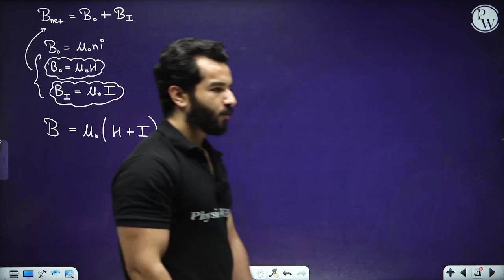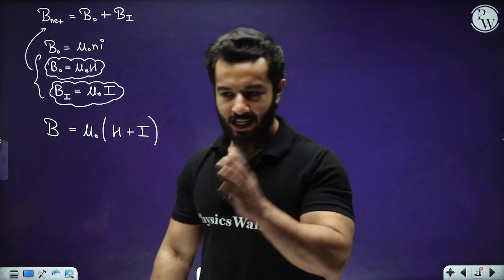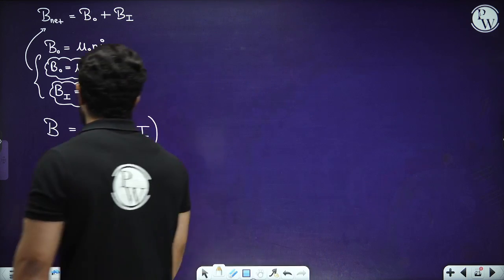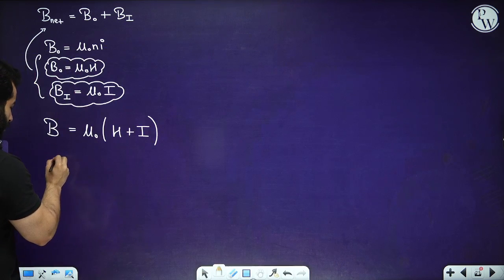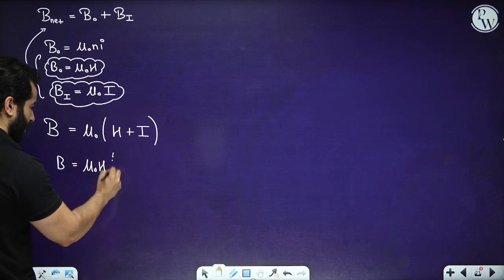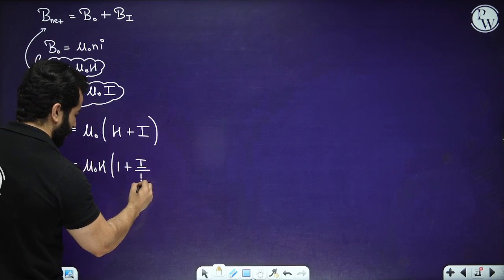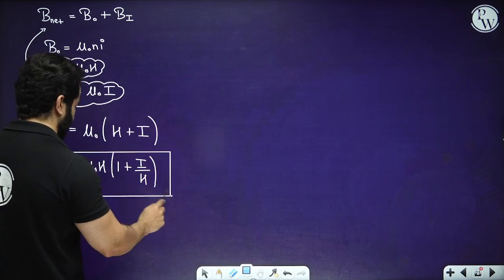Have a look. Most of the students have a problem in this. If you are still having a problem, please rewind, play again and think about it. Now I'll do one thing. I'll take H common. So I'll have B equals mu naught H times 1 plus I by H. Now again one more thing. This I by H also we are going to call by a particular name. Think about it.